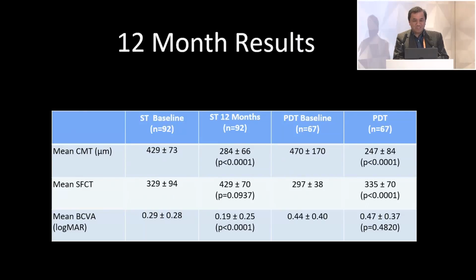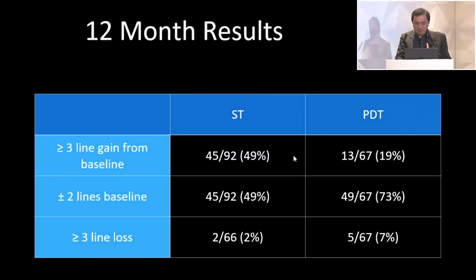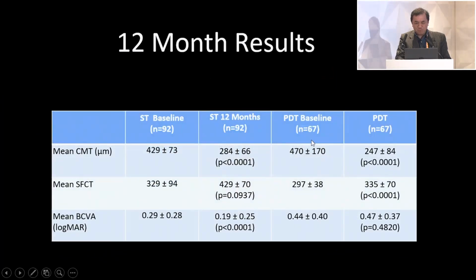These are the results at 12 months, and you can see that in terms of the micropulse laser, there was an improvement in the macular thickness, and the best corrected visual acuity actually had an improvement, and in comparison, the PDT group also had an improvement in the anatomy, but the visual acuity kind of remained stable.